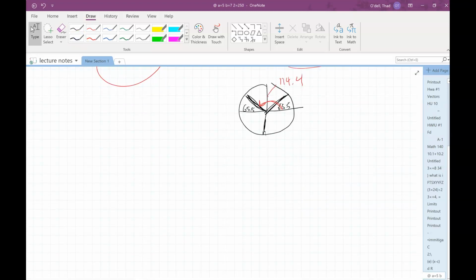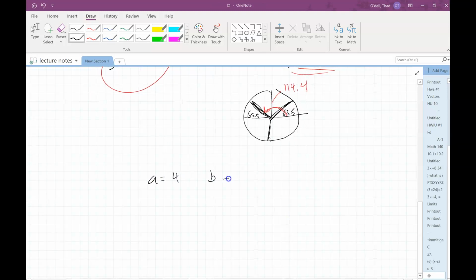Let's say that I have small a is 4, and big B, like I said, is 24 degrees, and big A is 47 degrees.